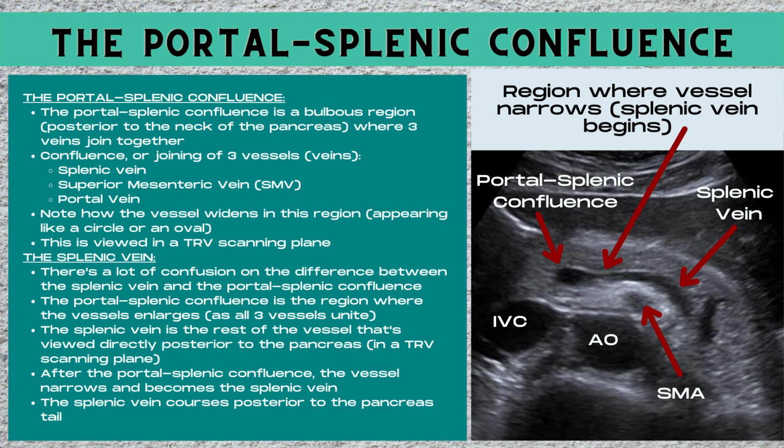And the splenic vein courses posterior to the pancreas tail. So the splenic vein is coming from the left side of the body with the spleen, and it's going to wrap underneath the pancreatic tail and then course more anterior as it curves and then narrows and then eventually joins that Portal-Splenic Confluence where the vessel becomes more round or oval in shape where those 3 vessels unite.